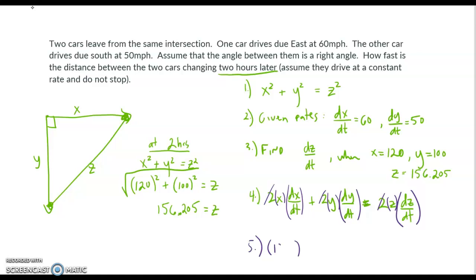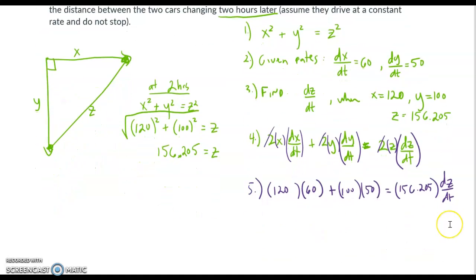X is 120. Dx dt is 60 miles an hour. Y is 100. Dy dt is 50 miles per hour. Z we had to find. dz dt. And now I'm on to my calculator. Basically, I'm going to divide both sides by this value.